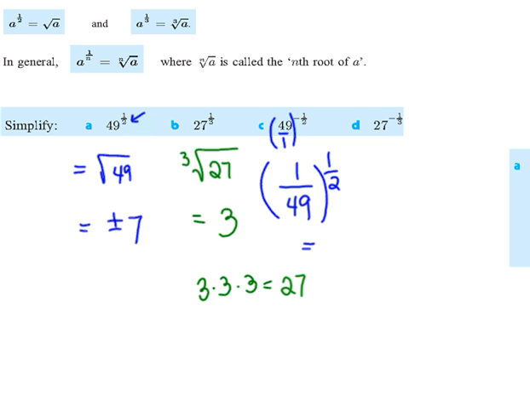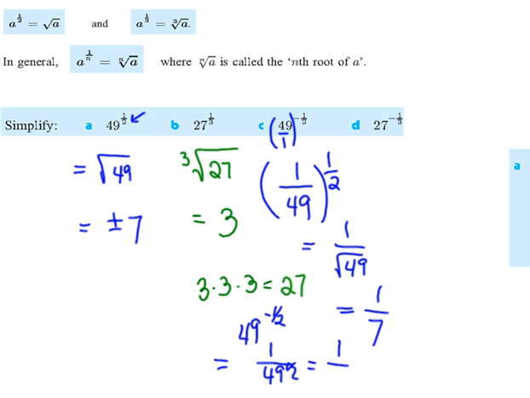We'll take the square root of 1, which is still 1, of course, and then 49 to the 1/2 means the square root of 49, which is 1 over 7. So another way of thinking about C is if we've got 49 to the negative 1/2, that's going to be 1 over 49 to the 1/2, which is the same as 1 over the square root of 49, which is still 1 over 7.